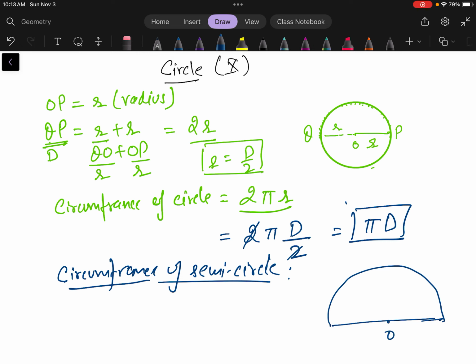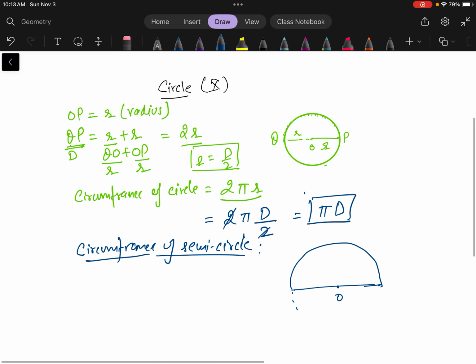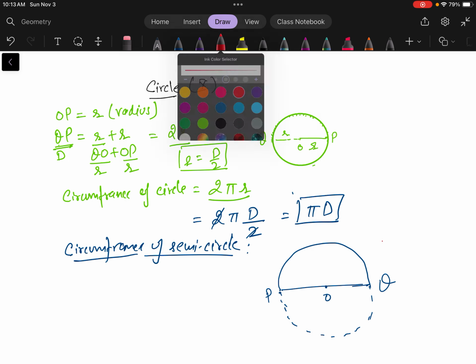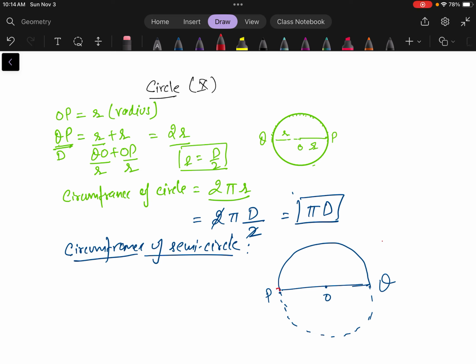If I draw the virtual circle over here, this is half of it. Here we have point P, here we have point Q. Let's assume a person starts moving from this point and revolves around the circumference of this semicircle and reaches this point. We need to find how much distance he traveled. So how will we compute it?